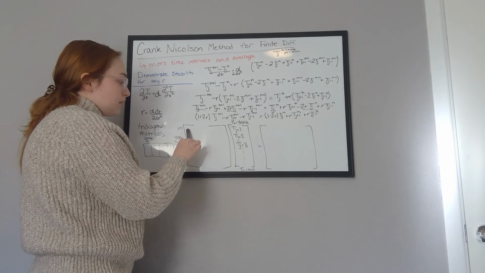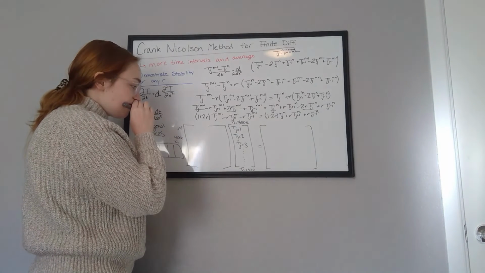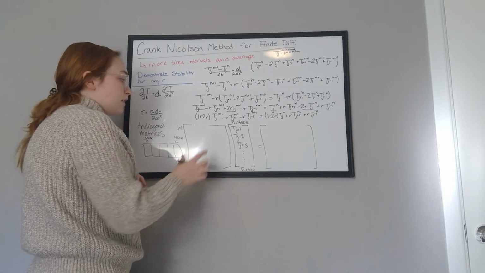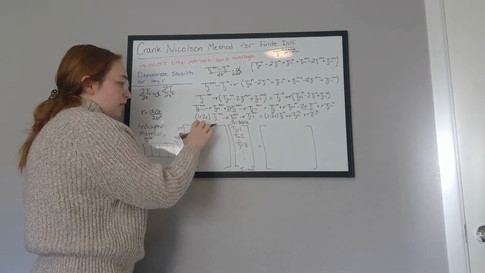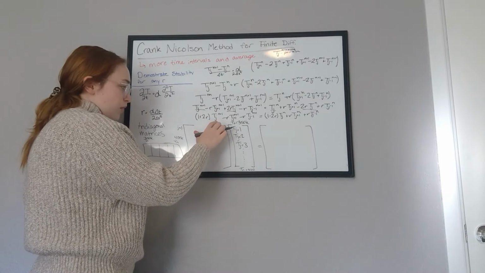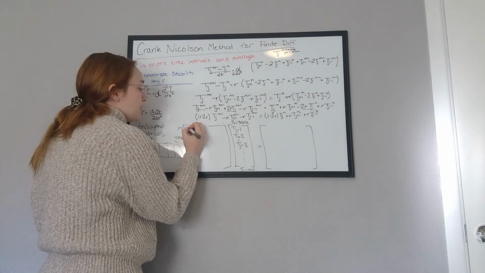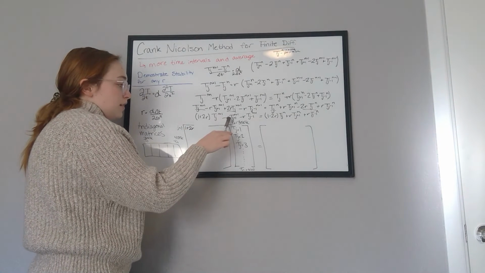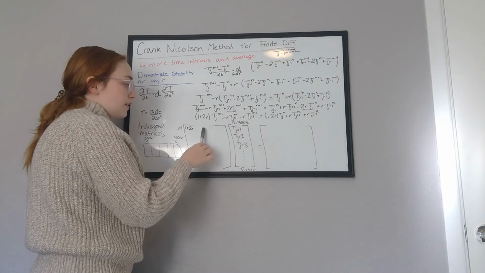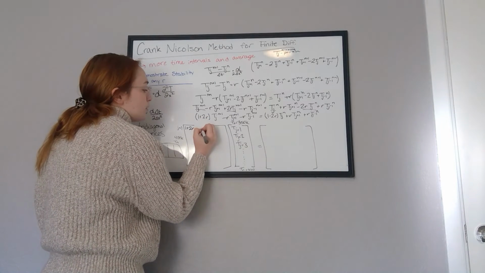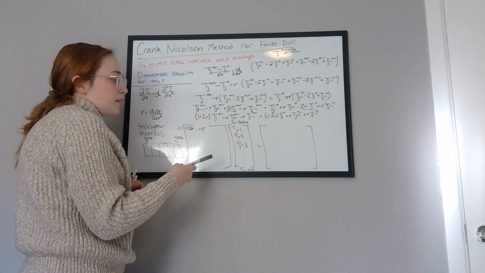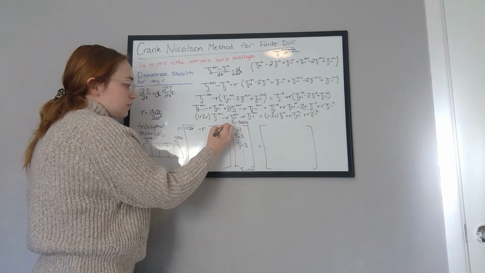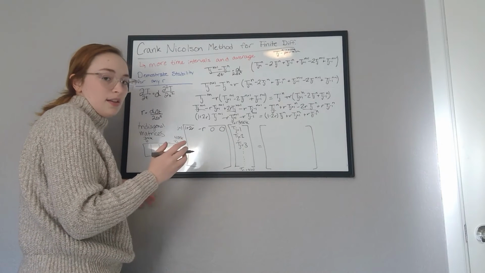There's not really a 0th spot in a matrix, so if you plug in 1, the coefficient of T at j equals 1 is 1 plus 2r. And then if you plug in 1 into the next term, it'll give you the second value, which is a coefficient of negative r. And then the rest will be zeros. We're just going to go to 4, but it's really indefinite.